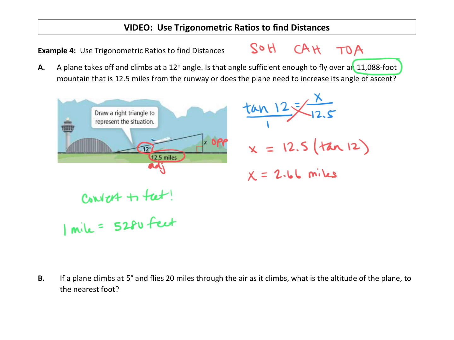Since we know our mileage, we can just take our 2.66 miles. There are 5,280 feet in each of those miles, so we'll just multiply it by 5,280, and we get 14,044.1 feet. So the plane will reach an elevation of 14,044 feet. So to answer the question, yeah, the plane will clear the top of the mountain.